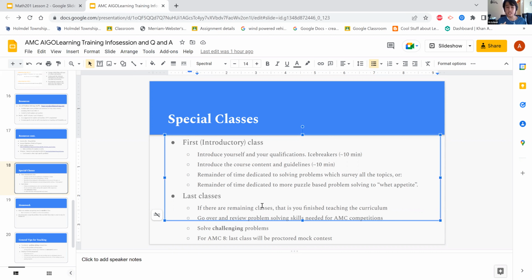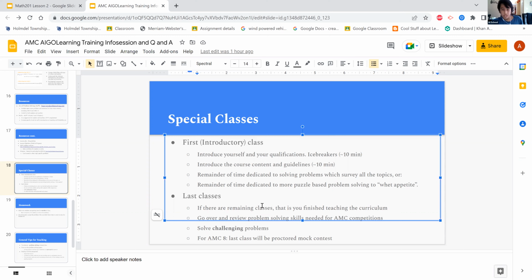Give them a little review and then give them challenging problems that hone those skills. Because by the end of the class, they're probably going to forget some stuff back in algebra, back at the beginning of class. So the purpose is to take it all and cement it in their brain.